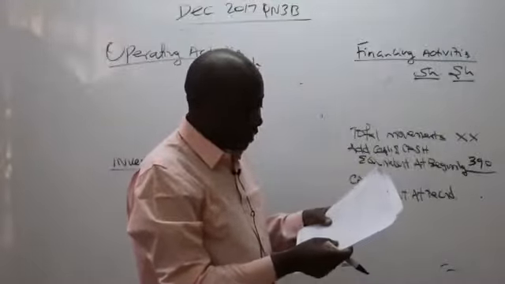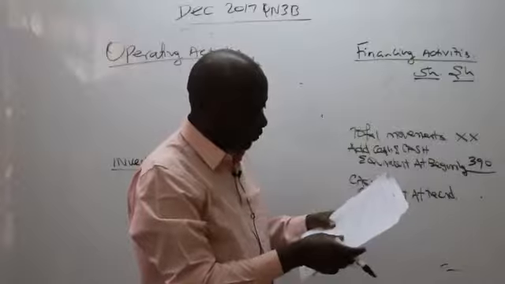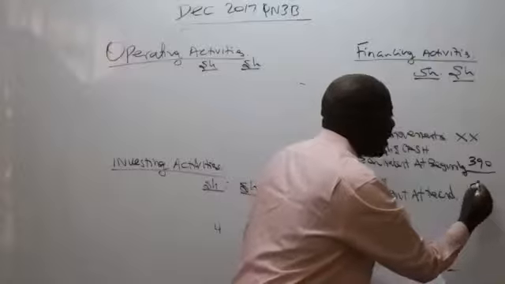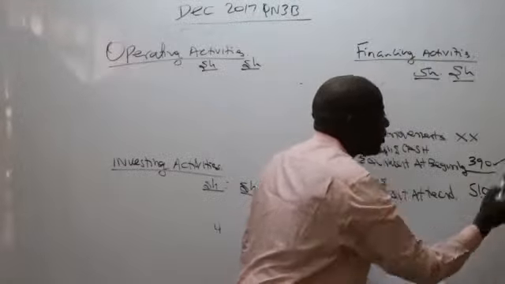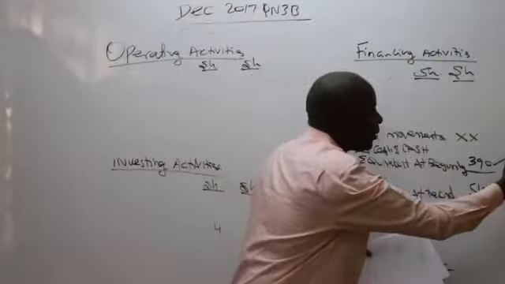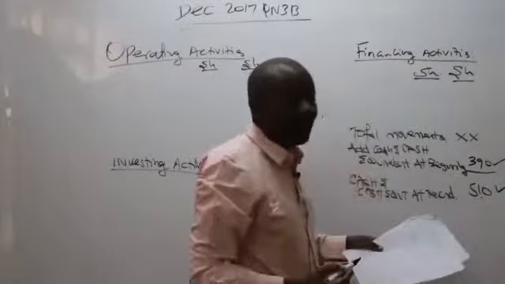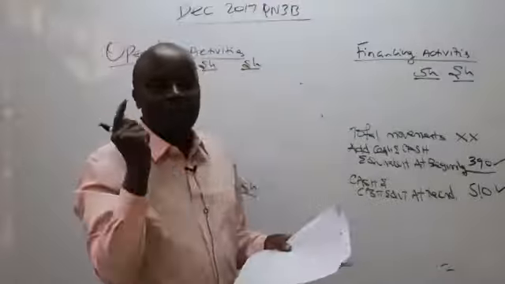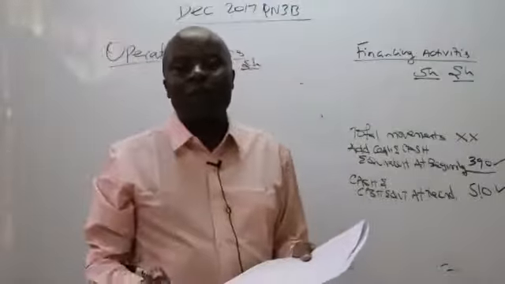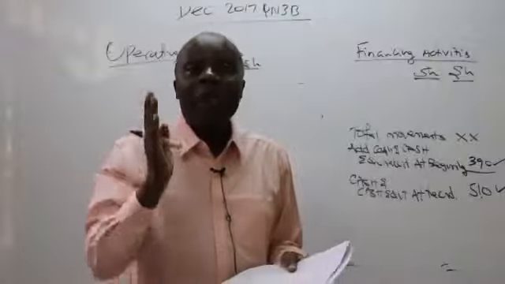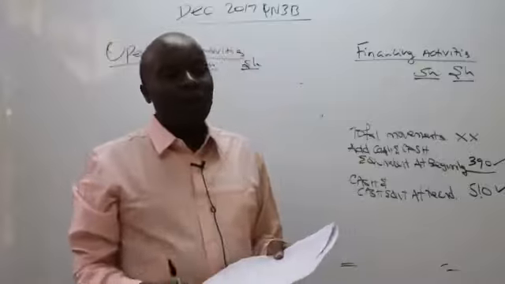The 2017 figure is 510. So if you look at the CASMEB marking scheme, in most cases you will see they have put a tick here for 0.5, meaning that you have already gotten 1 mark. And 1 mark for us in advanced financial reporting is so huge. It can make you see places that you have never seen before.